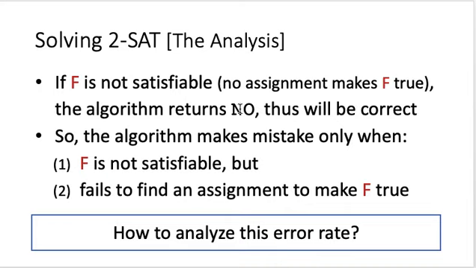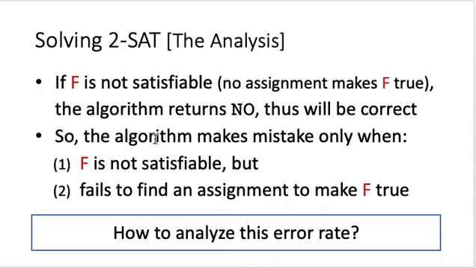So in the end, we run the loop for t times, and finally we still fail to find any assignment that makes f true, so we will always return no. In such a case, the algorithm is correct because it correctly tells us that f is not satisfiable.